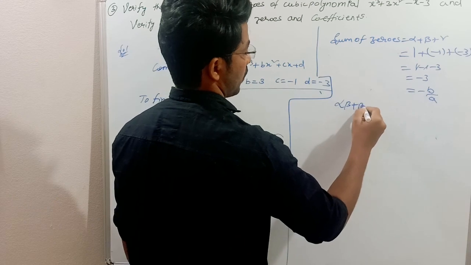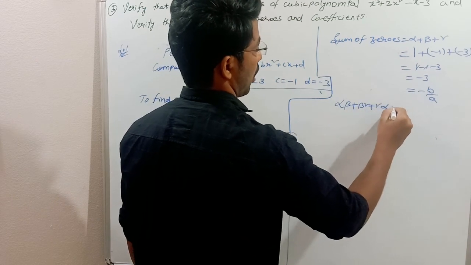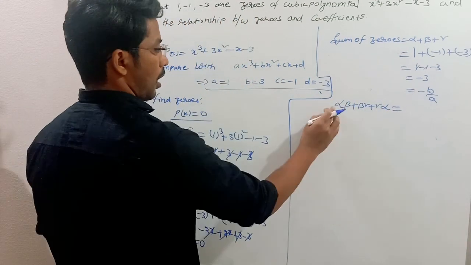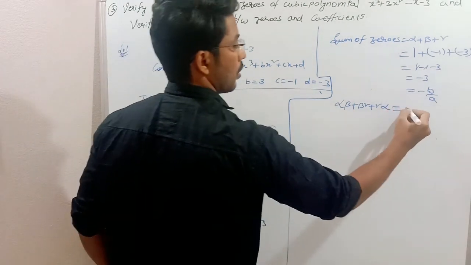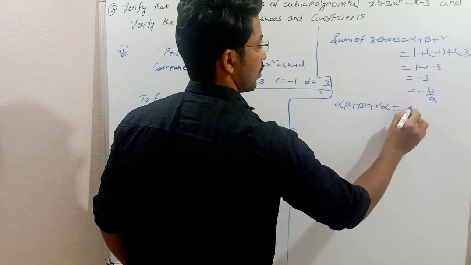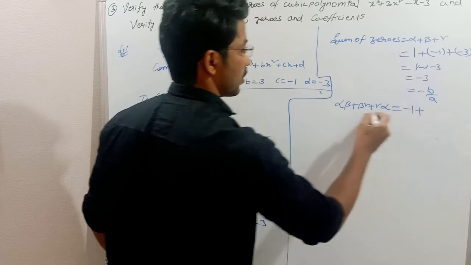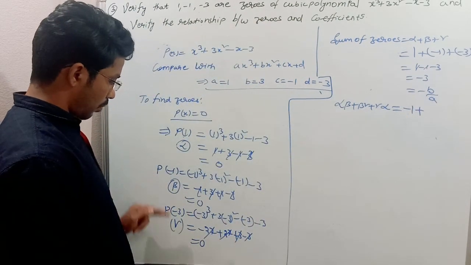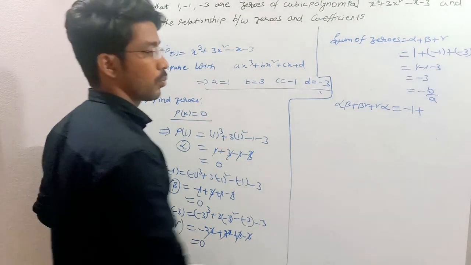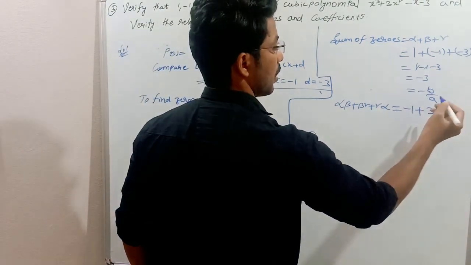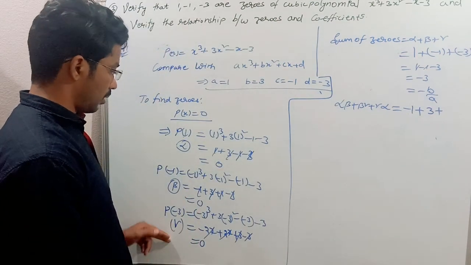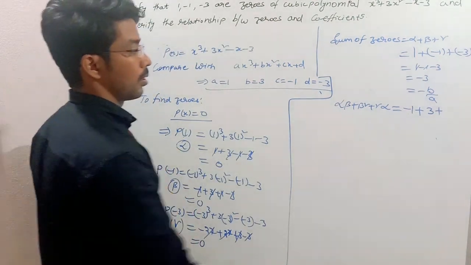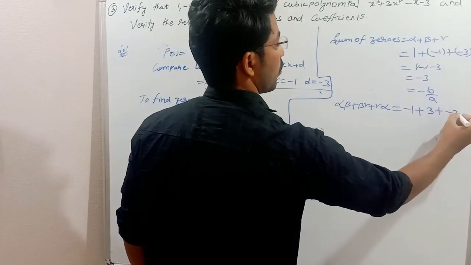Now the product of zeros, different combinations we will take. Alpha beta plus beta gamma plus gamma alpha. Alpha beta: 1 into minus 1, minus 1. Plus beta gamma: minus 1 into minus 3, minus into minus plus, and 1 into 3, 3. Next gamma alpha: gamma is minus 3, alpha is 1, minus 3 into 1, minus 3.